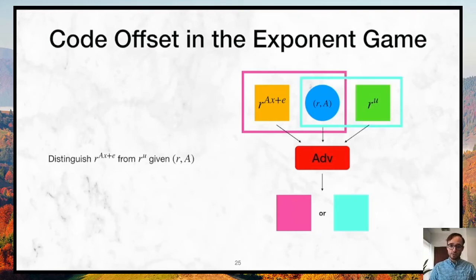In the teal case, the adversary receives the code, the generator, and uniform values in the exponent. If the adversary cannot distinguish between these two settings, then the adversary cannot be learning anything about the code word. Our hope is that for broad distributions of E, the adversary does not have any non-negligible advantage in distinguishing these two cases in this game.